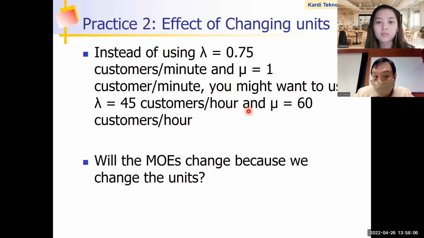Will the measures of effectiveness change? Look, exactly the same, right? This is per minute, this is per hour. But the numbers change, of course: 0.75 and the other one is 45.